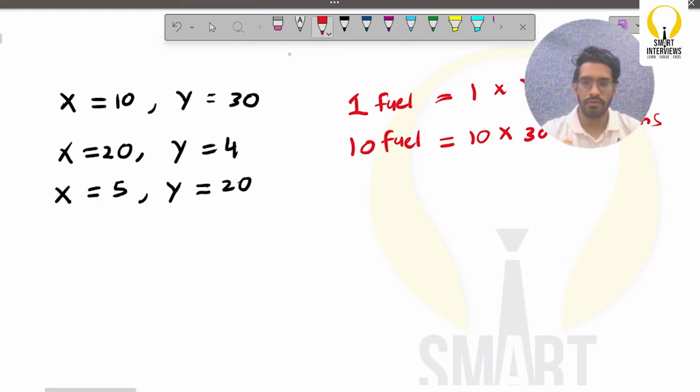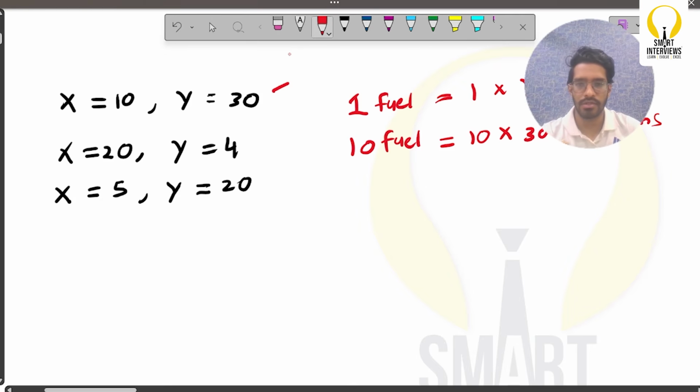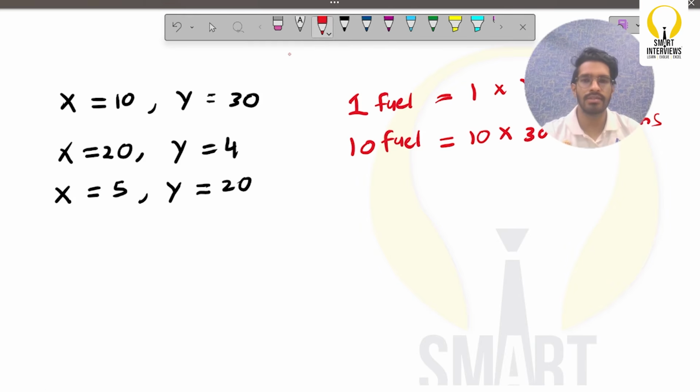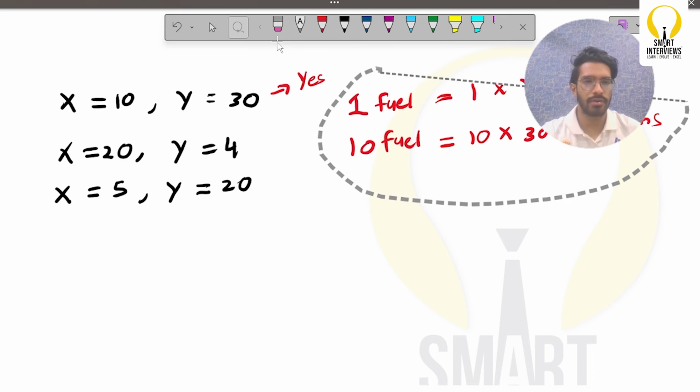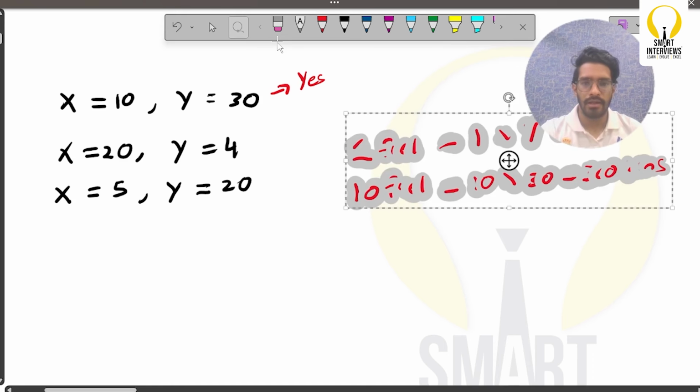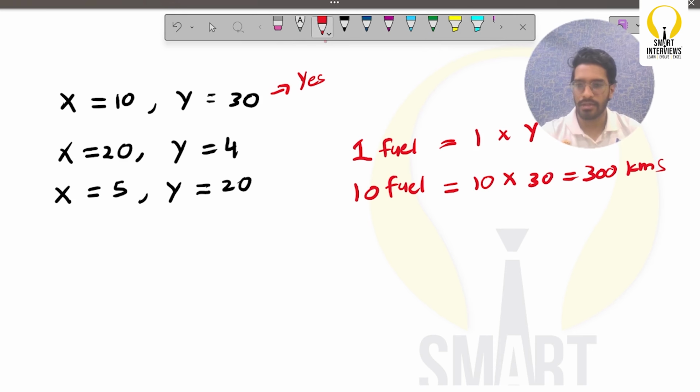So right now for this example, can I say we can travel for 300 kilometers? According to the problem statement, we only have to travel 100 kilometers. So we can easily complete our trip. So for this example, you will have to print yes. Let us quickly look at the other examples as well.